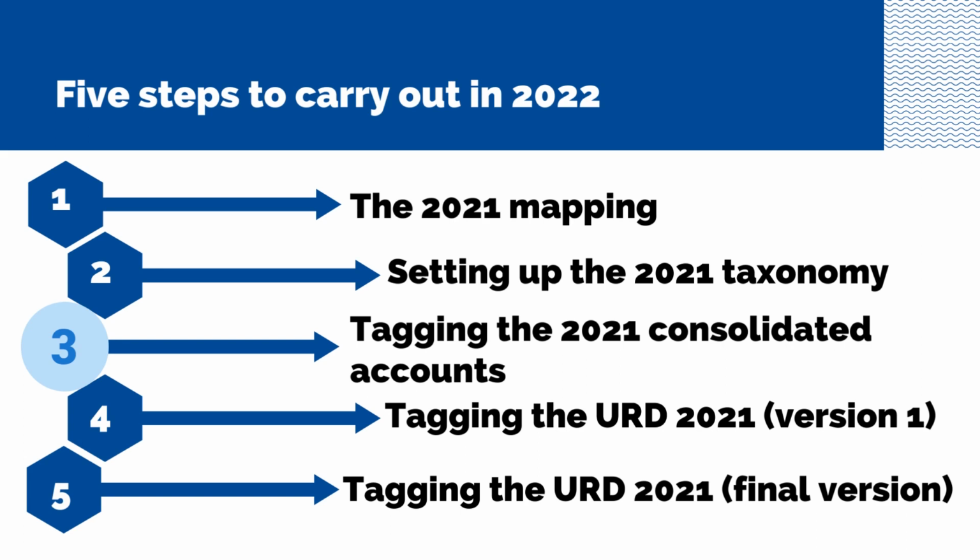The third step is tagging the consolidated accounts of 2021. This step will consist of tagging an extract of the universal registration document containing the consolidated financial statements, as soon as this part is available. We recommend to not wait for the final universal registration document to test your tagging, especially if the taxonomy has changed regarding 2020. You have two options to perform this test.